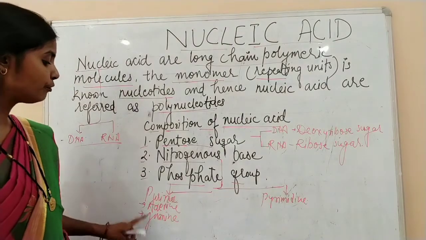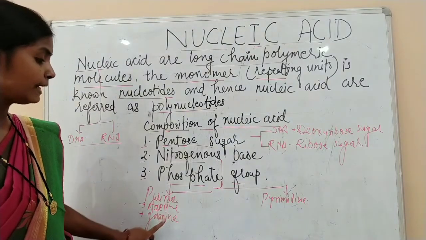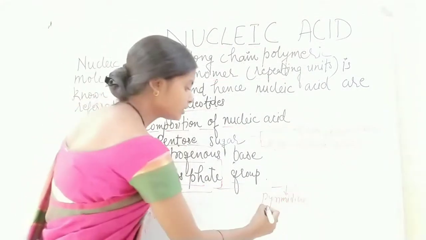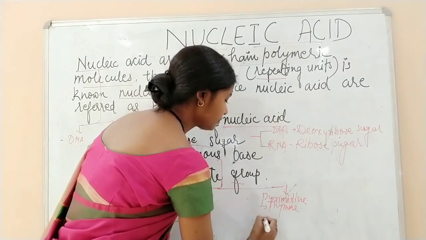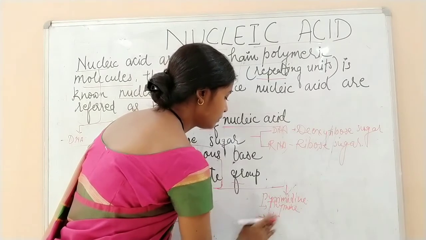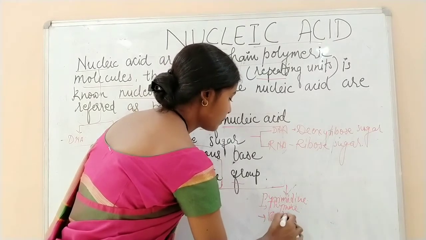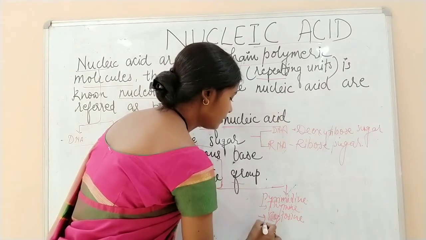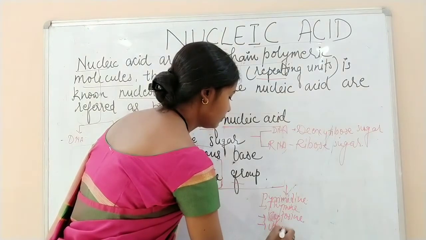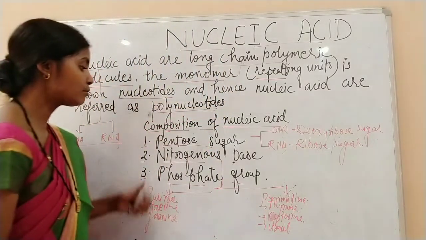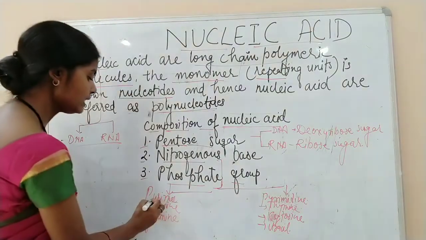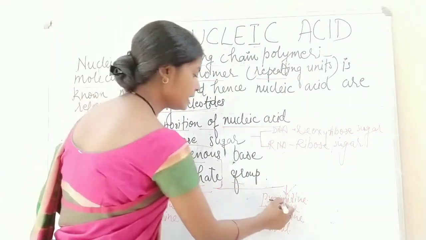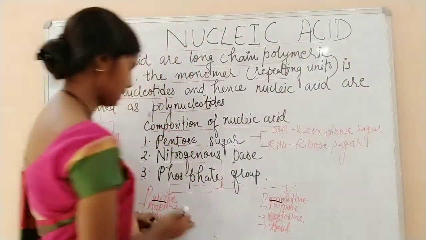Pyrimidines are three, that is thymine, cytosine and uracil. These are the types of nitrogenous base. Purine, that is adenine and guanine. Pyrimidine, that is thymine, cytosine and uracil.